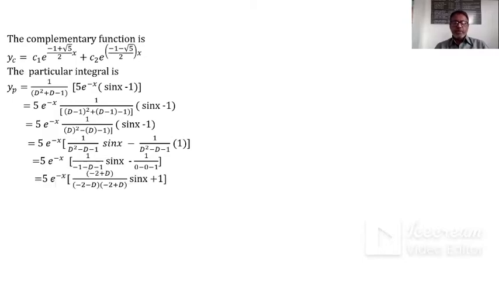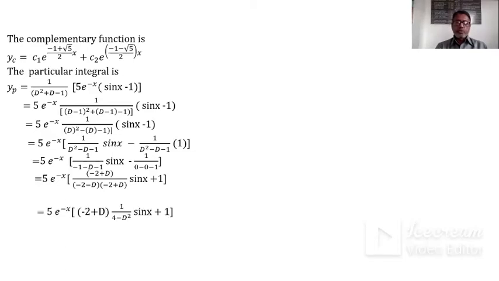Again, simplify the denominator. It comes to be minus 2 minus D. Therefore, we multiply the numerator by minus 2 plus D and denominator by minus 2 plus D, and then operate this on sin x, and the second term comes to be minus minus plus 1. I hope you understand this step.